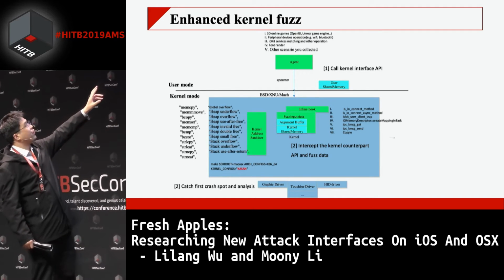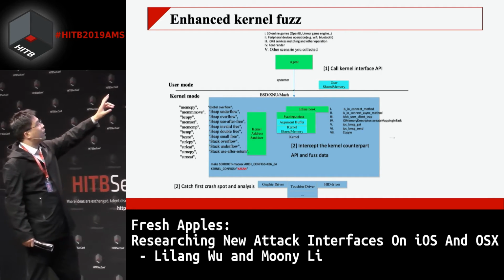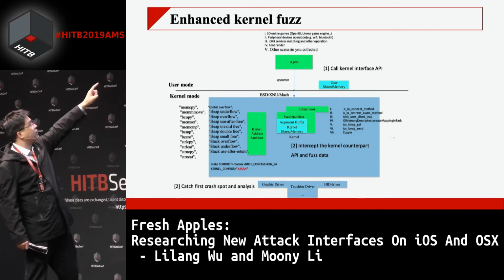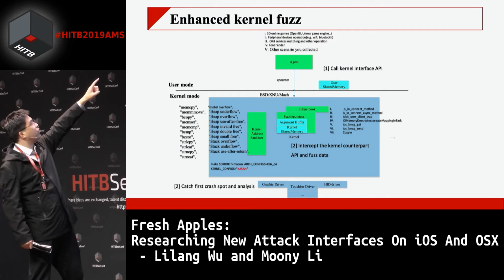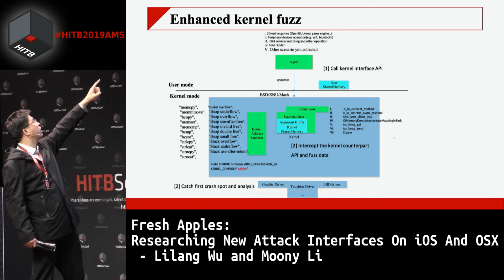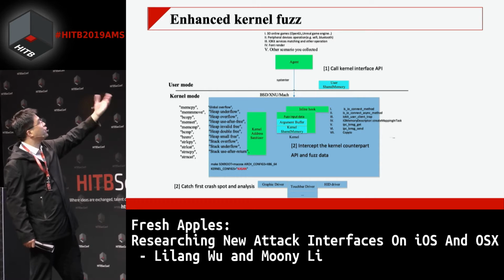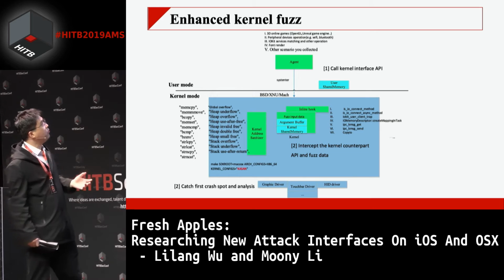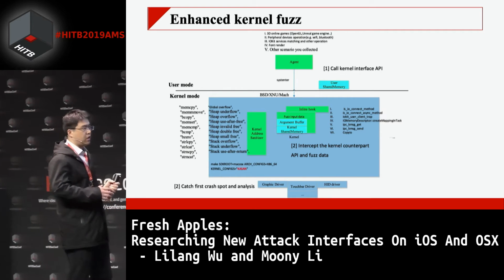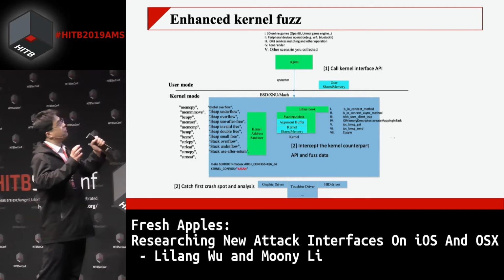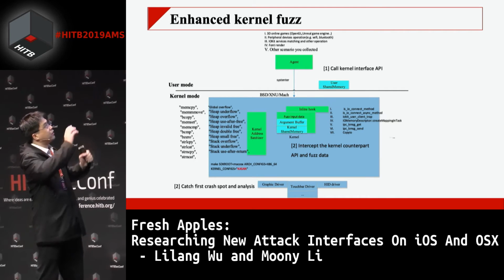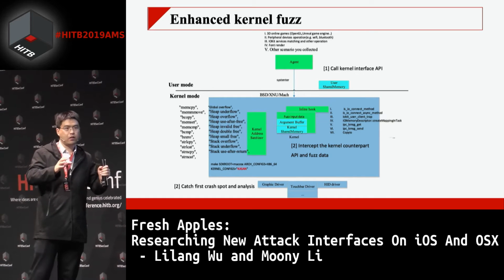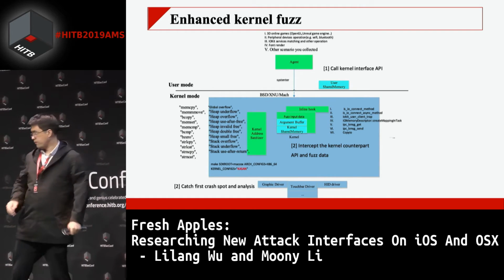For example, we have embedded our kernel address sanitizer in the global overflow, heap underflow, overflow, use after free, invalid double free, and so on. So if any kind of issue happens, we can get the kernel crash on the spot.